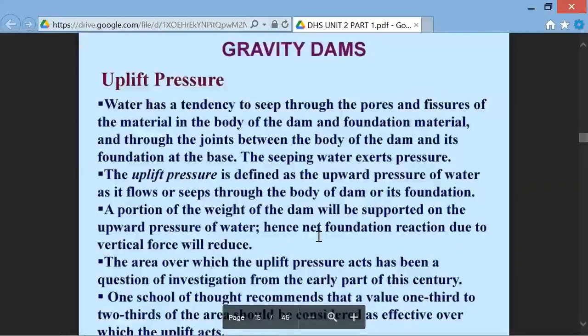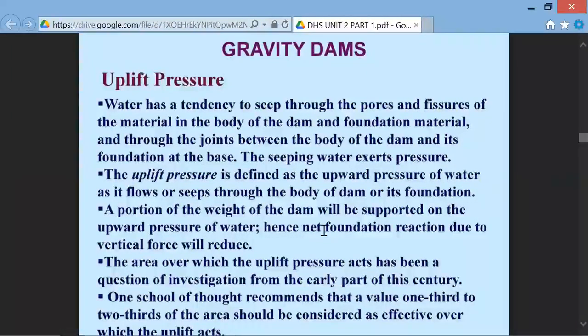Now uplift pressure is there. Uplift pressure is also something which acts on your dam wall. So what is that uplift pressure? Water has a tendency to seep through the pores and fissures of the material in the body of the dam and foundation material, and through the joints between the body of the dam and its foundation at the base.